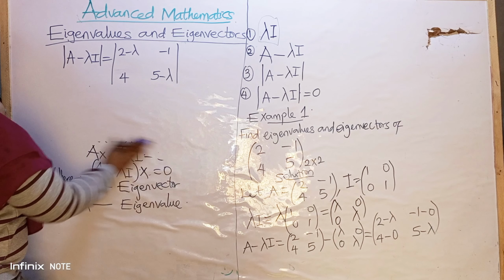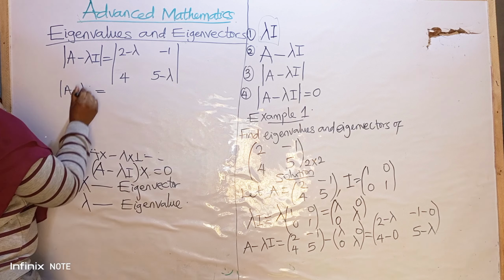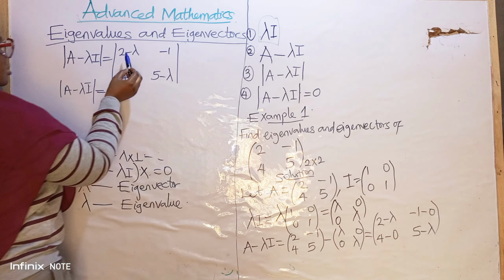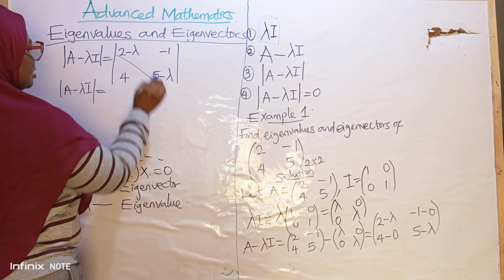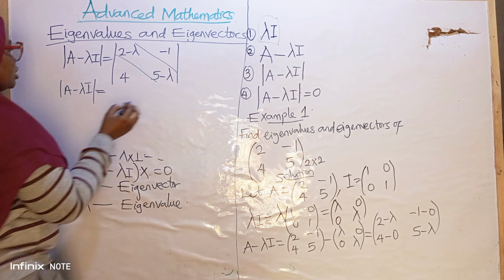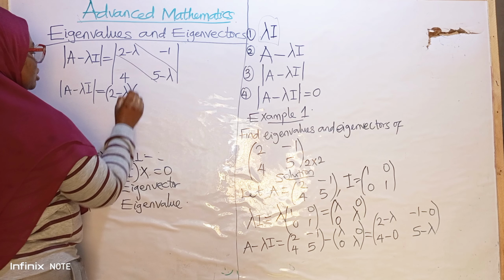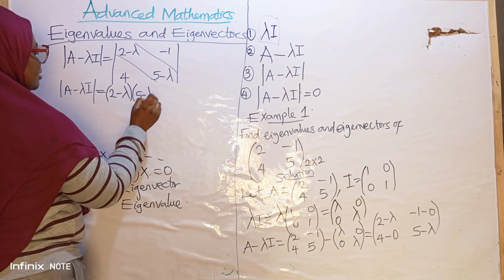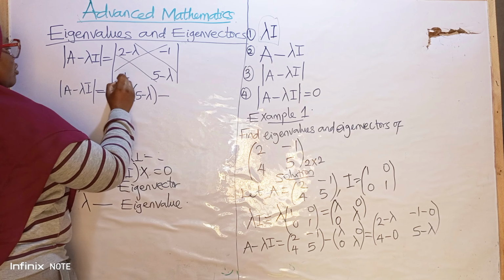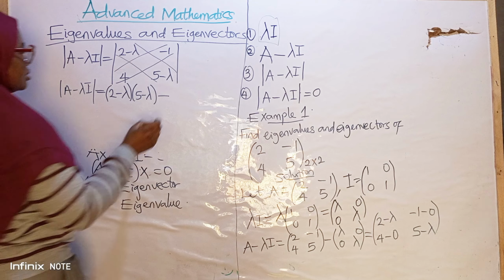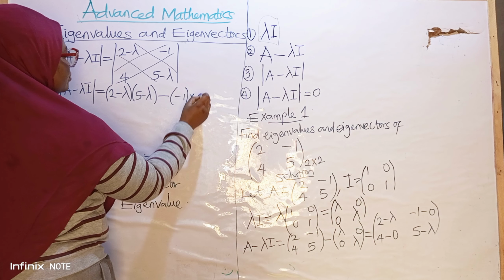So the determinant here will be the product of the leading diagonal. Here is the leading diagonal, so the elements there, I'm going to multiply them together. So I have 2 minus lambda multiplied by 5 minus lambda. Then minus the multiplication of the elements of the second diagonal, that will be minus 1 multiplied by 4.